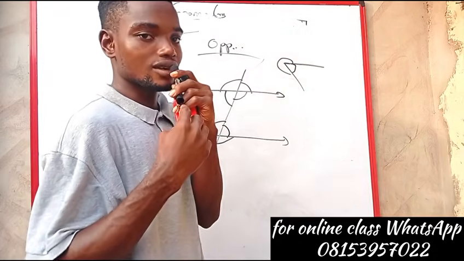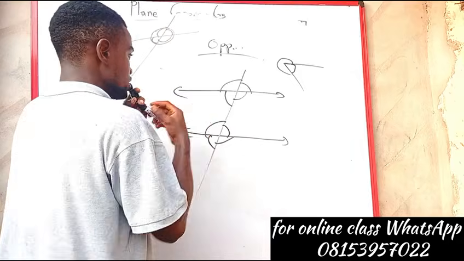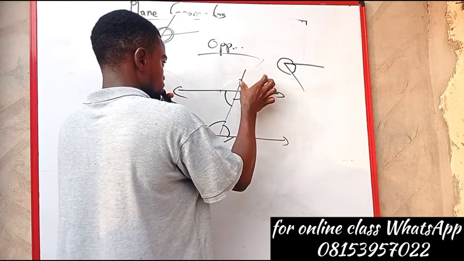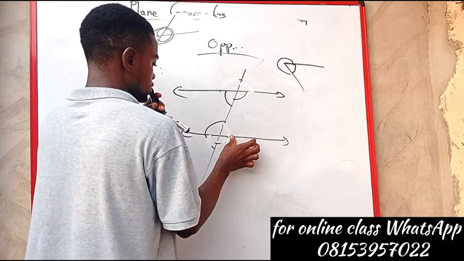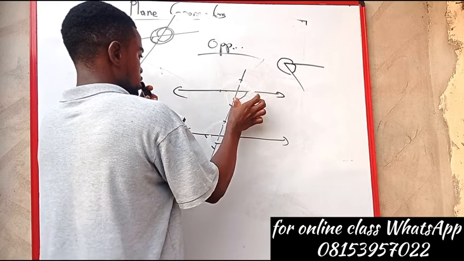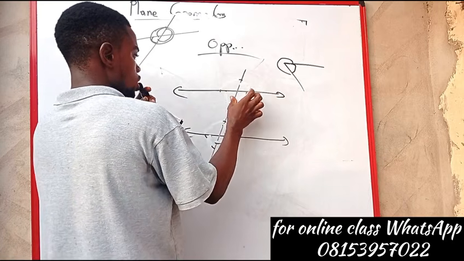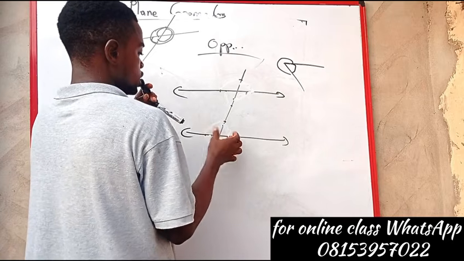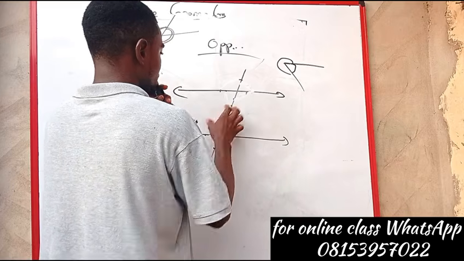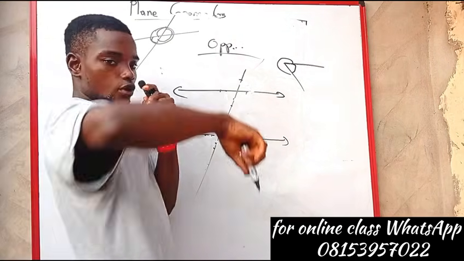Now, these angles have names. Let's try to name them. So I want to clean the first one. Let's clean it. Now, after cleaning it, let's look at what is called interior opposite angle. All right, interior opposite angle.